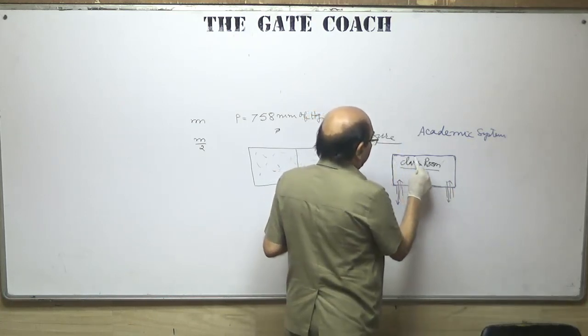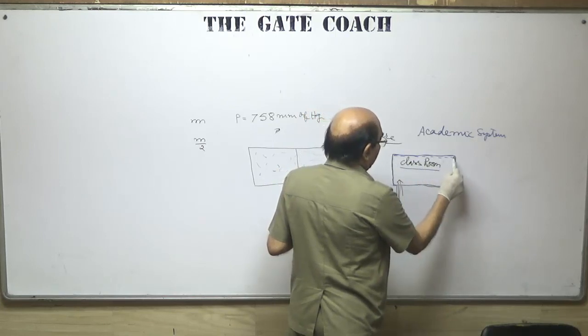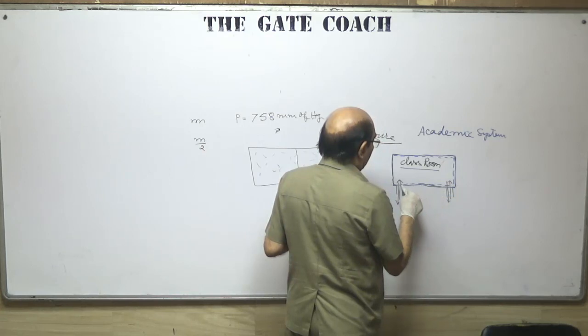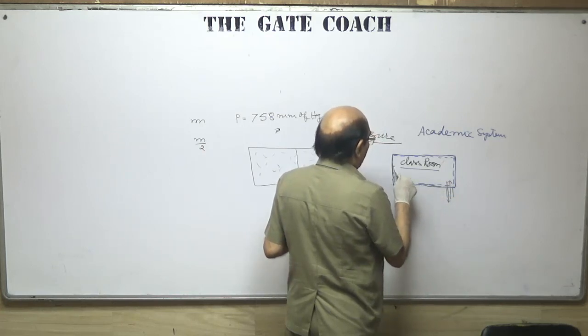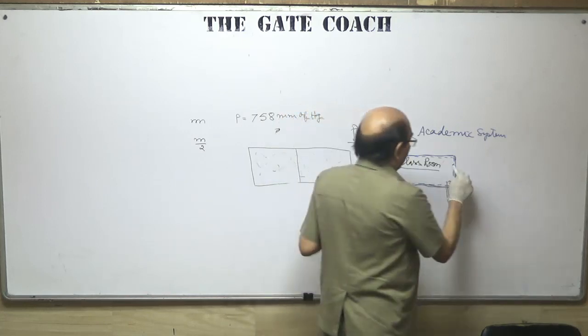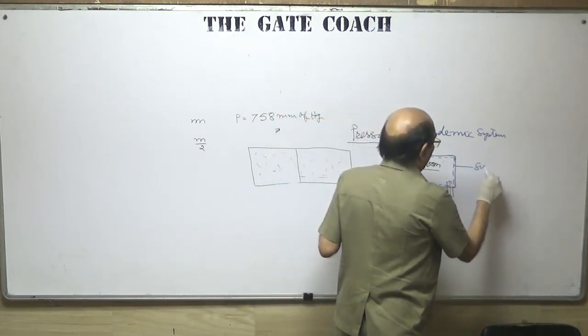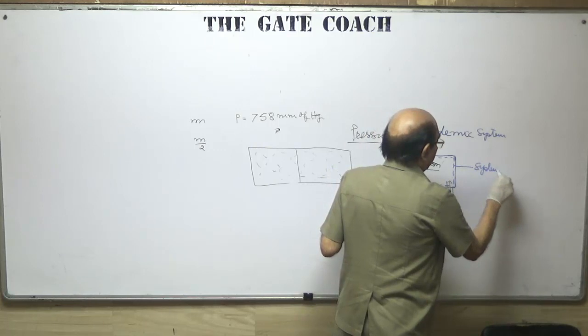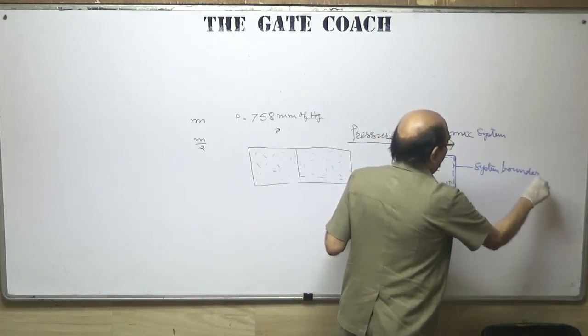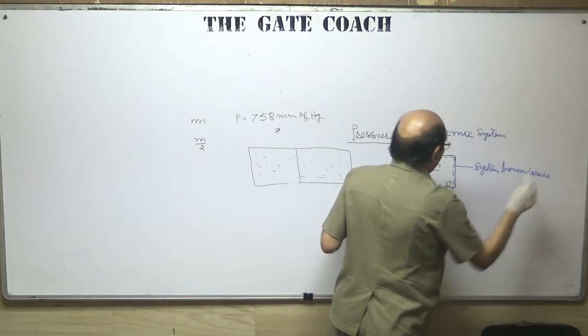These are the surfaces with which this system can be distinguished from the surroundings. So these are the system boundaries.